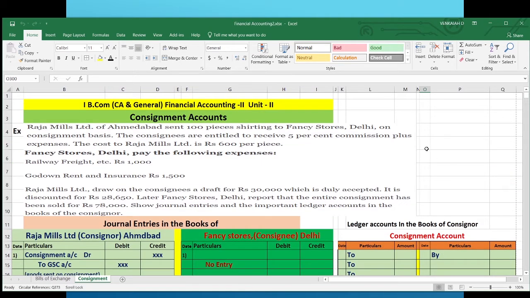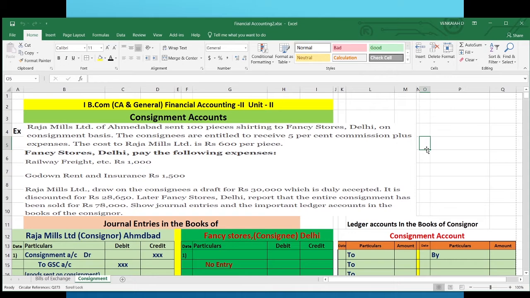First, write the entries by hand, and learn the sequence. Sequence means first goods sent on consignment, next consignor expenses, like that. So when you learn the 11 entries in order, if you remember the entries, whatever information is required for the entries, you can find from the problem. So first I am reading the problem.